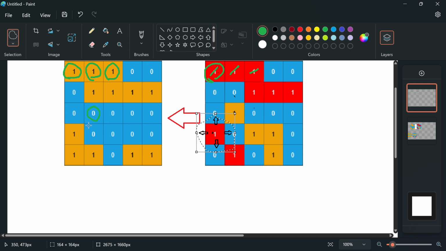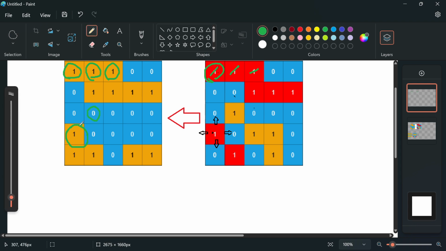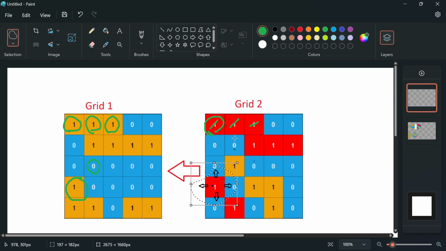There is one, which is a valid sub-island. So here we have to do a DFS which iterates over contiguous ones, to check whether a sub-island in grid 2 is also present in grid 1.